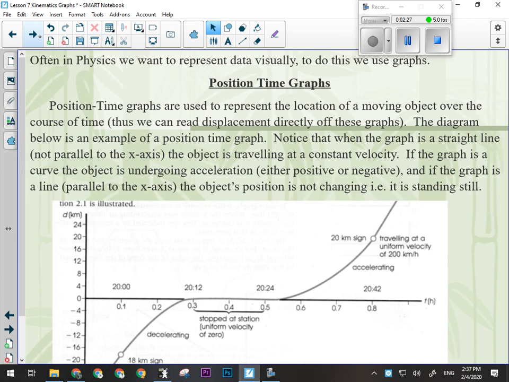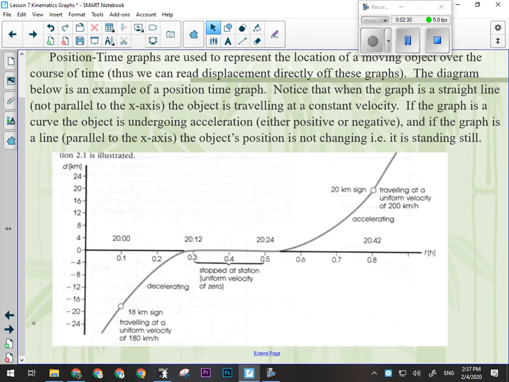So as an example, the graph we have right here, and all the parts are labeled, but for this first part of the graph, the line is straight. It's diagonal, but it's straight. If the line is straight and tilted upwards, what is the object doing?